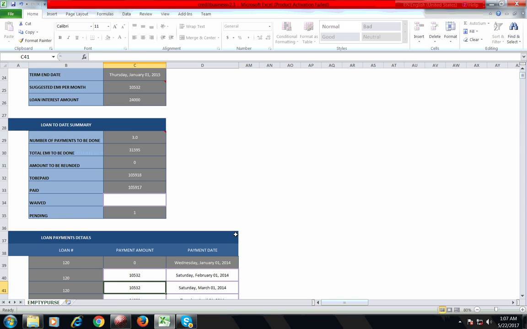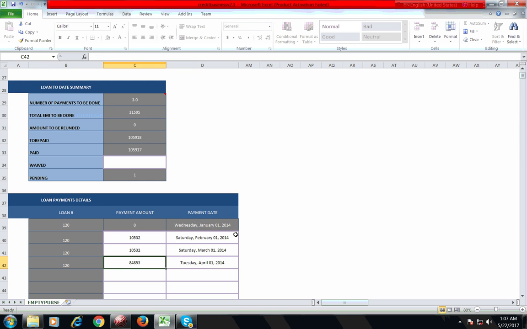But since he has paid off the loan much earlier, he's paying the interest only for these months at that same rate, and that turns out to be 105918. At this moment, this is actually few cents, so I'll just waive it off, $1, and this becomes 0.